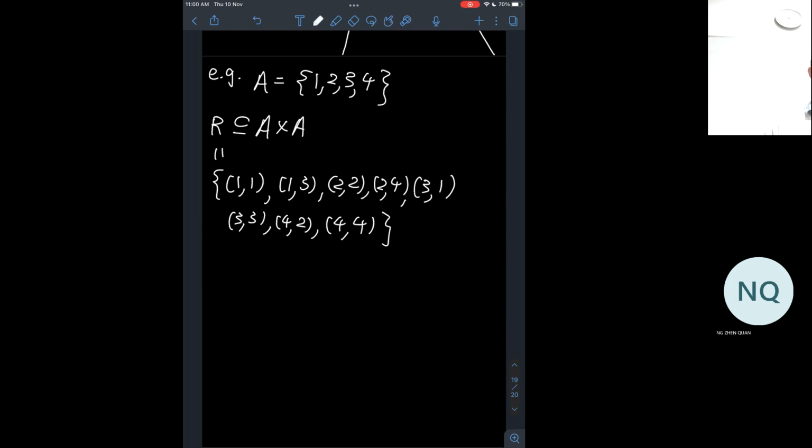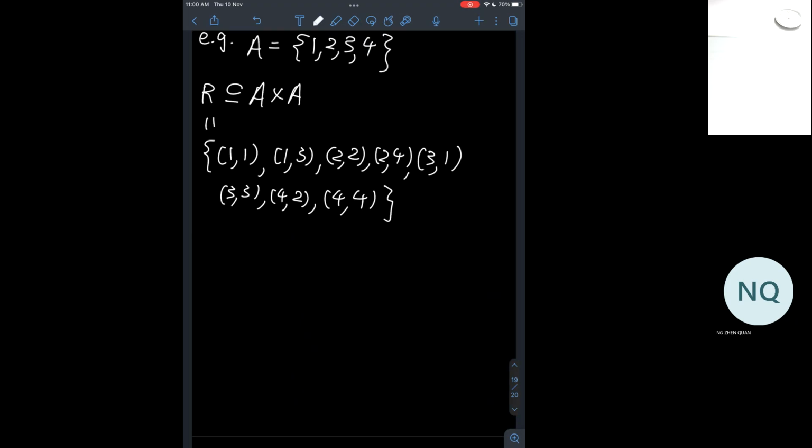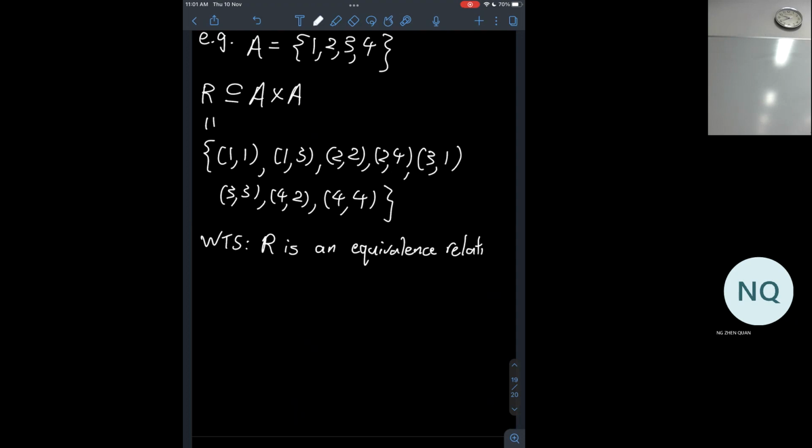All in details. Okay. So what I gave you is just a relation. The first step is to show R is an equivalence relation. Only an equivalence relation will partition the set.